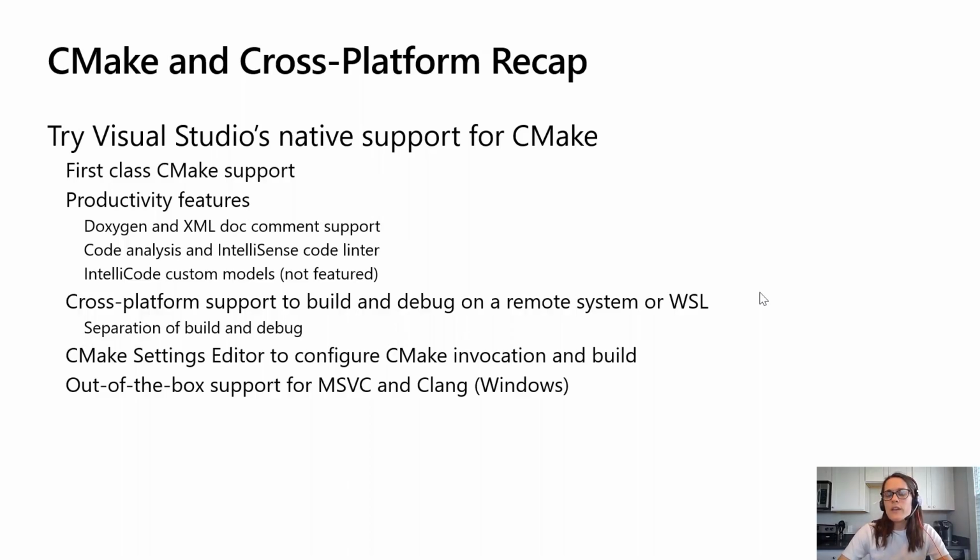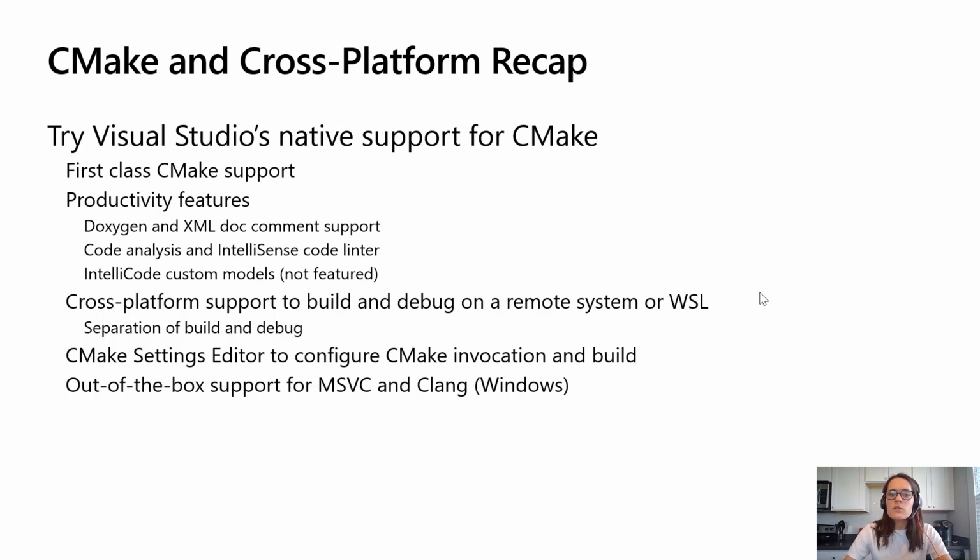So the biggest takeaway from this demo is to try Visual Studio's native support for CMake if you are interested in cross-platform development. We covered some CMake specific features like language services or project manipulation support that can help make your life easier if you're trying to make sense of, edit, or author CMake scripts in Visual Studio. We covered some productivity features like code analysis that work whether you are targeting Windows, a remote system, or WSL.